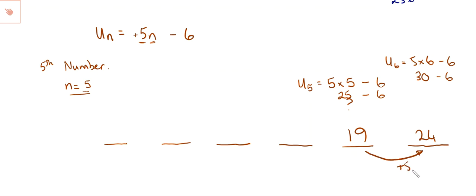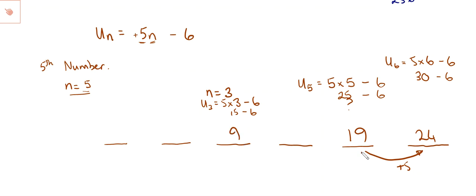Yeah? So if I wanted to know the third number, it's when n equals 3. There are two methods to do it. u3 equals 5 times 3 minus 6, which is 15 minus 6.